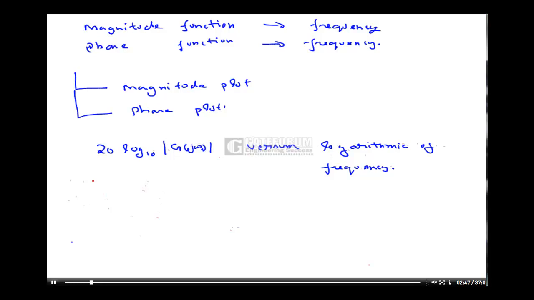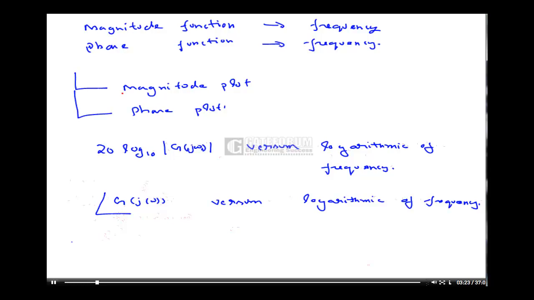That's why we go for a logarithmic scale, where these variations can be plotted easily. That's why the x-axis is logarithmic scale and the y-axis is 20 log 10 |G(j omega)| for the magnitude plot. Again for the phase plot it is the phase of G(j omega) versus again the same logarithm of frequency. So this was about the x-axis and y-axis of the plot.